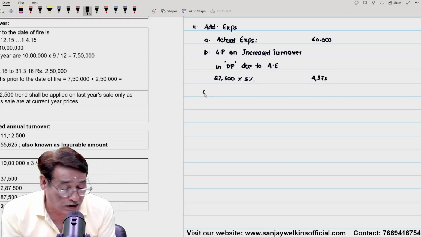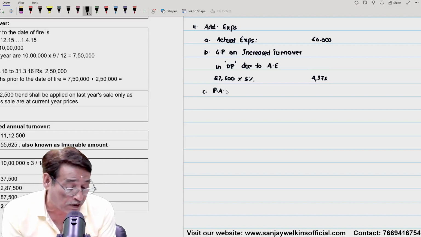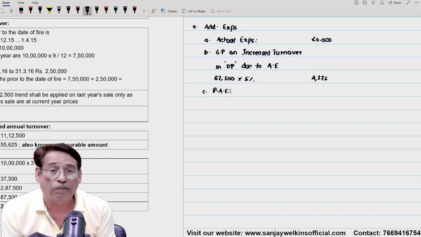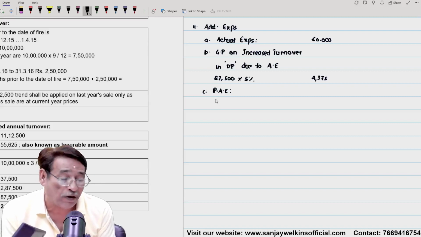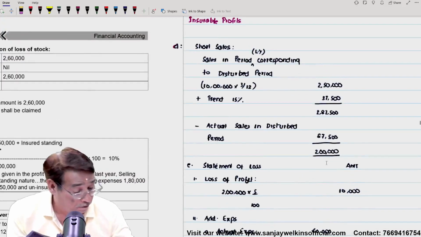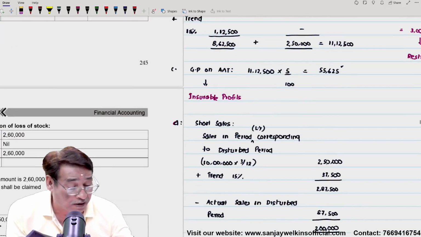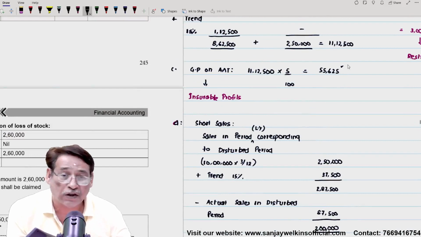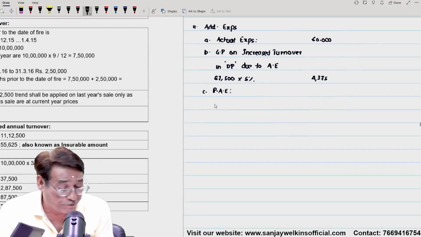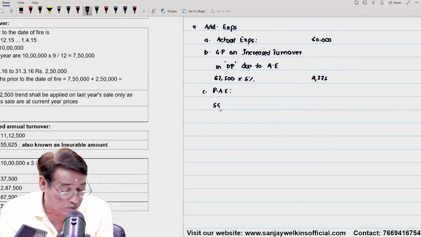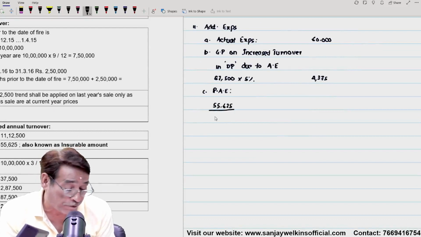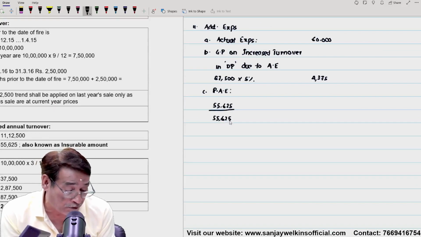And then you will compute proportionate additional expenses. To compute that, we need gross profit which we computed on adjusted turnover, 55,625. Write the same profit below: gross profit on adjusted annual turnover.